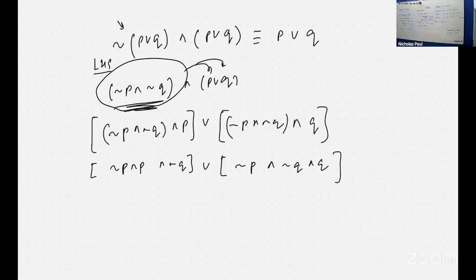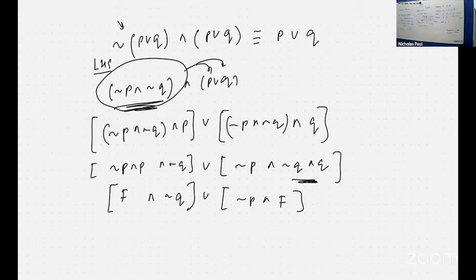Or the negation of P and false. Right? This here will be false again. Now, false and anything. Did I write the wrong thing here?